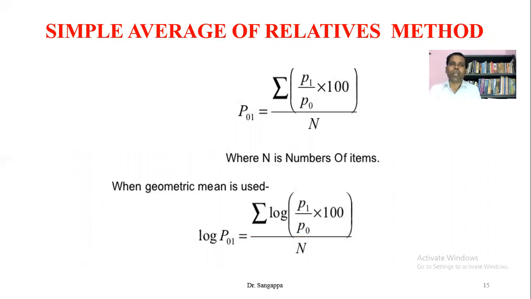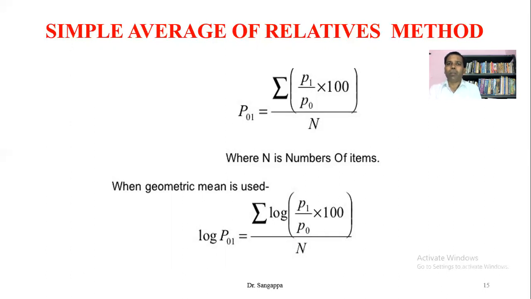Okay, let us come to the second method in the unweighted method, that is the simple average of relatives method. In this method we can use the arithmetic mean or the geometric mean.